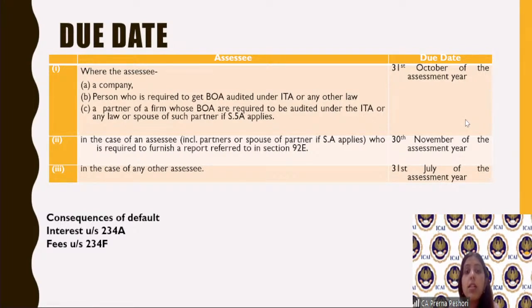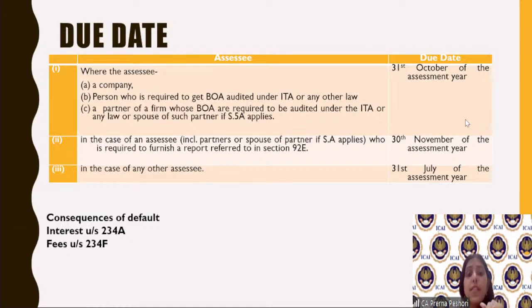The interest is on the amount of tax which is payable. So tax is what? The final tax payable after considering advance tax, TDS, MAT relief, FTC relief, right?